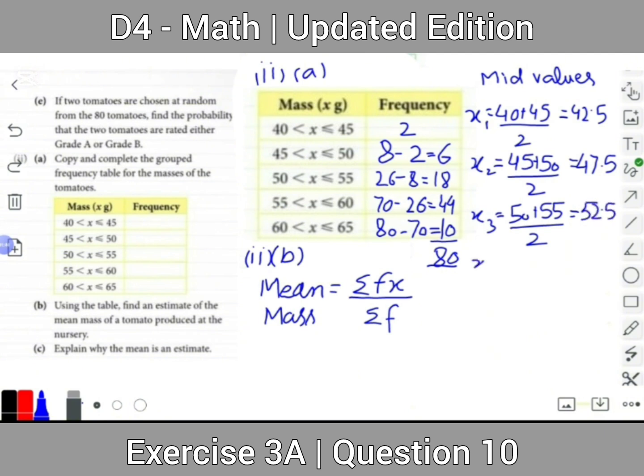For the fourth mid value, we have 55 plus 60 divided by 2, which is equal to 57.5. For the last mid value, we have 60 plus 65 divided by 2, which is equal to 62.5.